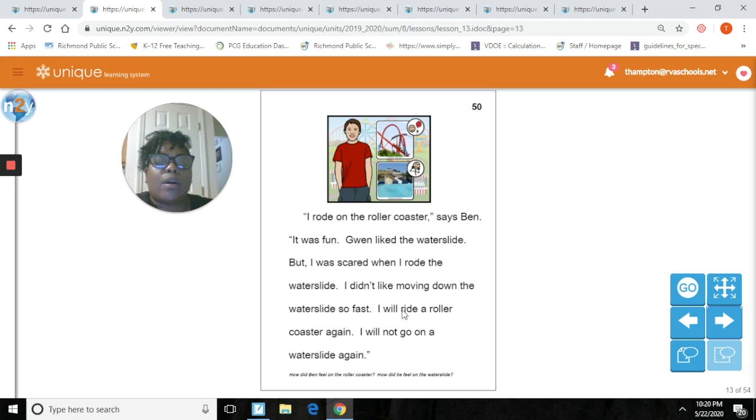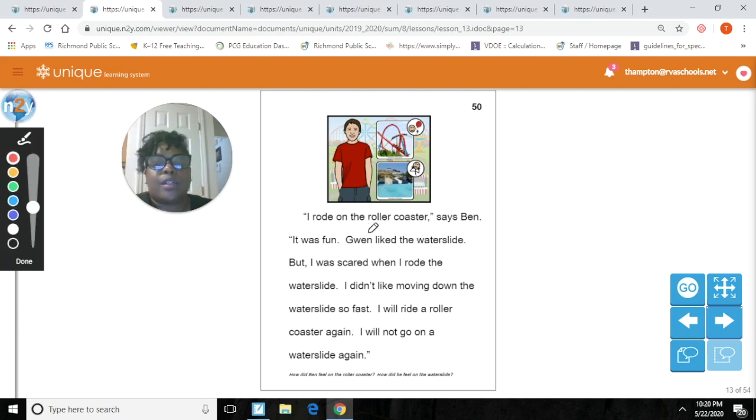We're looking for the part that talks about Gwen and what she liked doing. Here's Gwen, and what did she like doing? She liked the water slide. How does it move? Down. Okay?